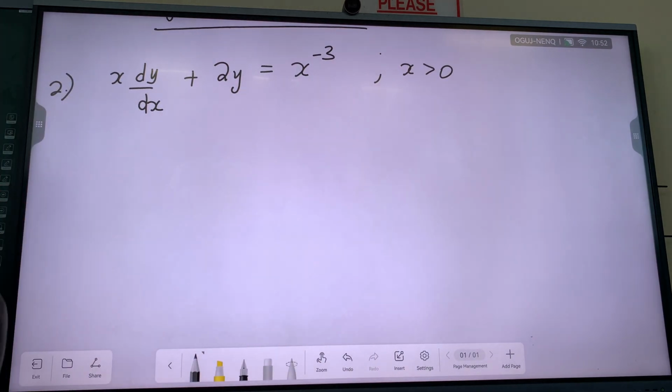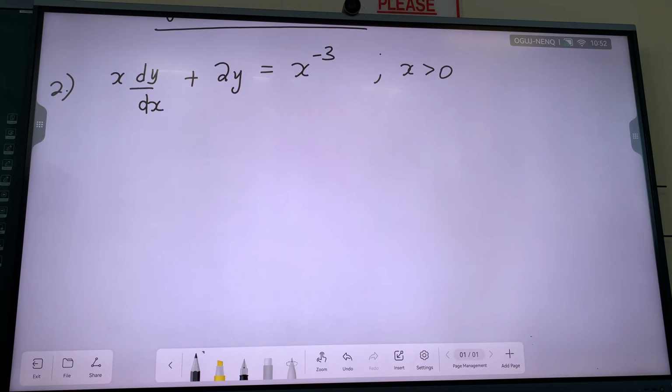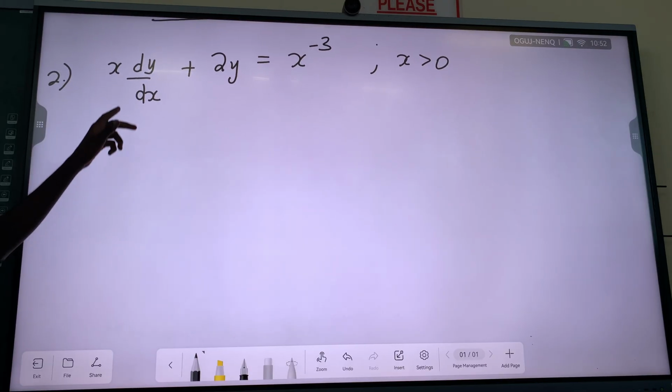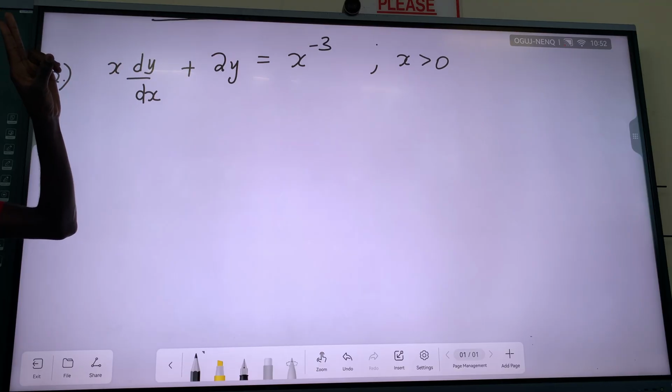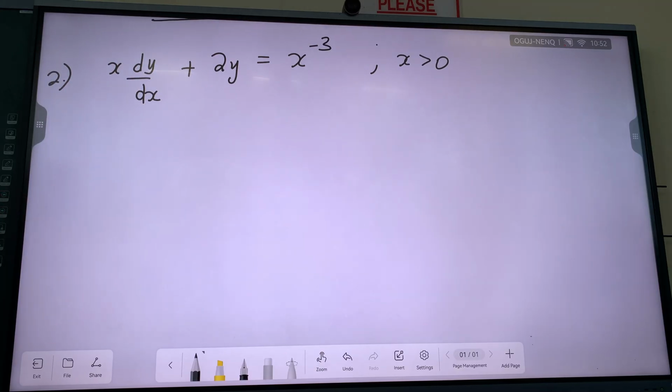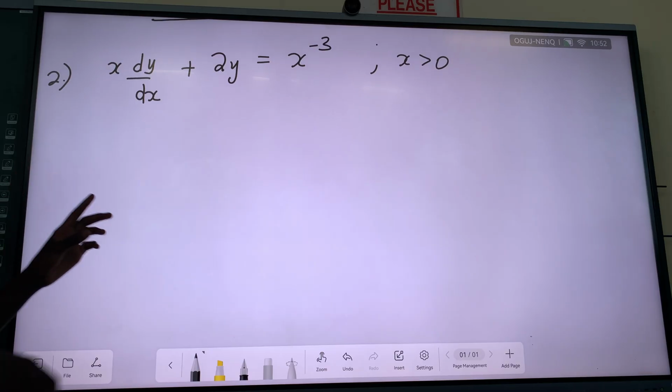I don't know whether x greater than 0 is necessary or not. It's not necessary for solving the question. So here we have identified that number 1 is first order and number 2 is a linear equation. Choose, you can follow up. But is the format we have the format that we want?